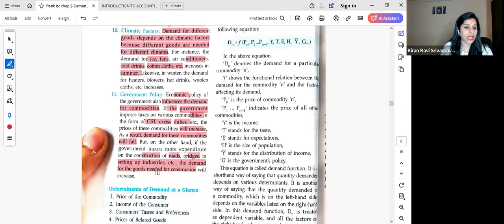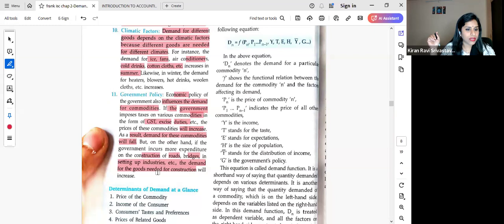If the government announces that they are going to develop the Golden Quadrilateral throughout India, then for sure the cement industry's prices will boom. Recently, the government announced that it is going to invest in green energy, and all the prices of green energy shares went up.